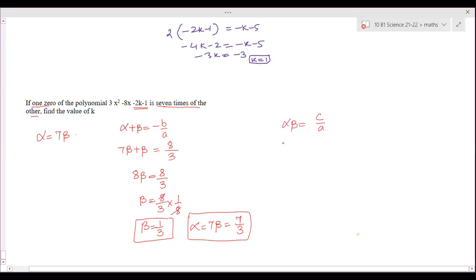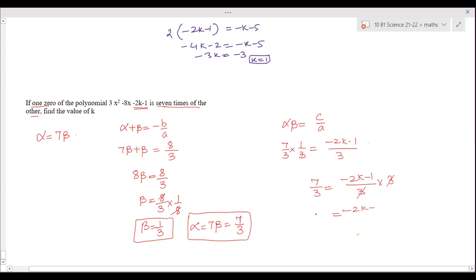So what is alpha? 7 by 3. What is beta? 1 by 3. What is C? Minus 2k minus 1. What is A? 3. So here this 1 by 3 will be transferred to that side, into 3. So this 3 and this 3 cancel.